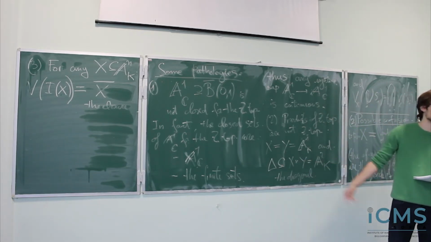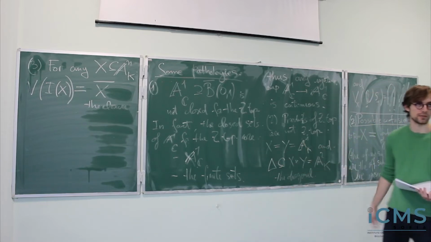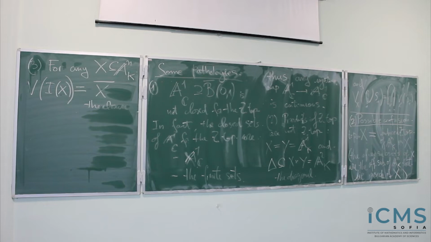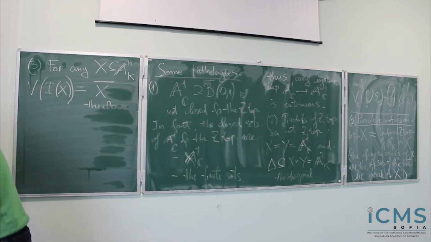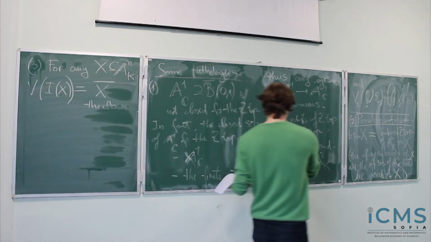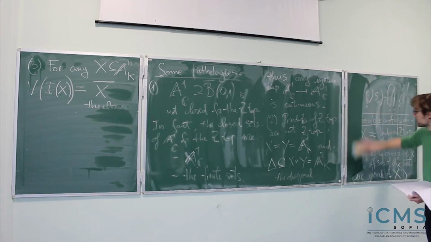So it's in A2 of K. It's the set of points of coordinates (a, a), for a any element in the field. So naturally we imagine that this should be a closed subset of the plane, but it is not.